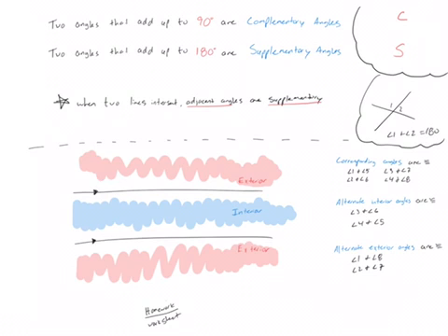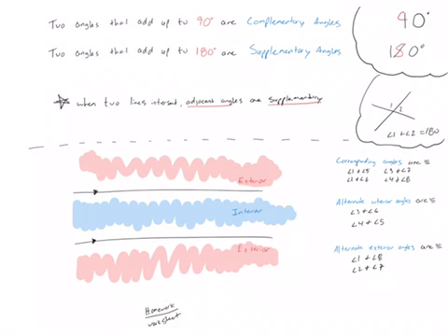Kind of a way to remember that is that complement starts with a C, and you can change a C into a 90 by adding a line and a 0. And supplement starts with an S, and you can change that S into a 180 by adding a couple lines and a 0. So that helps you remember which one's 180, which one's 90. Feel free to use that.